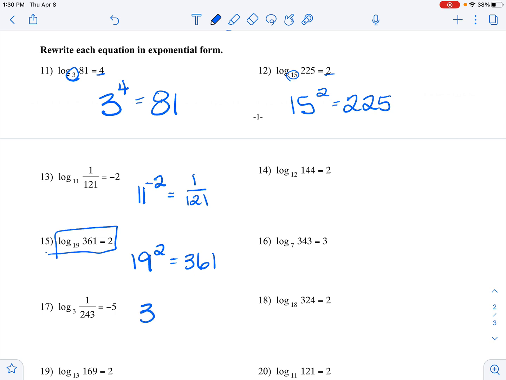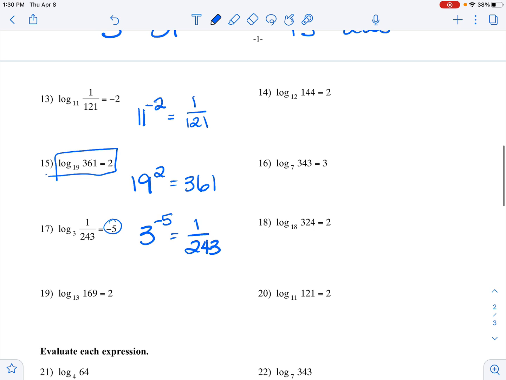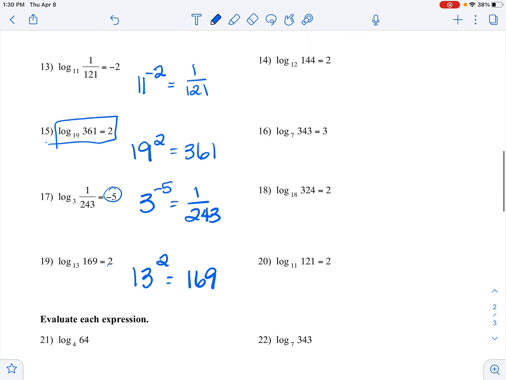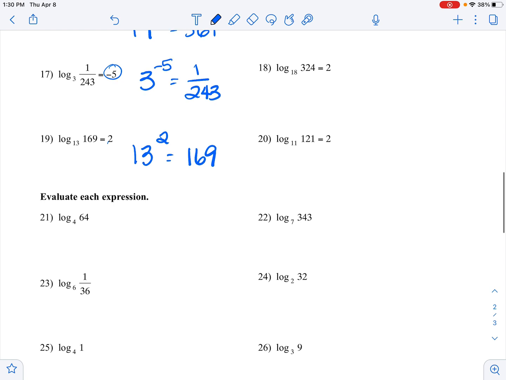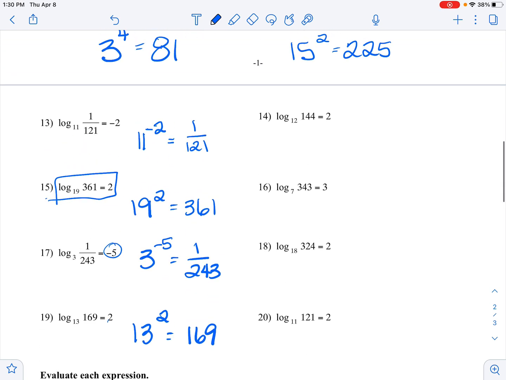It is base 3 raised to the negative 5, and it's equal to 1 over 243. And the last one, 13, this is my exponent, is equal to my answer. You do the other 4.